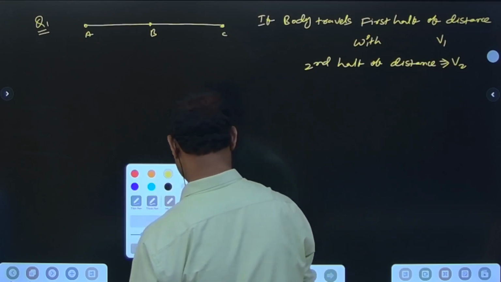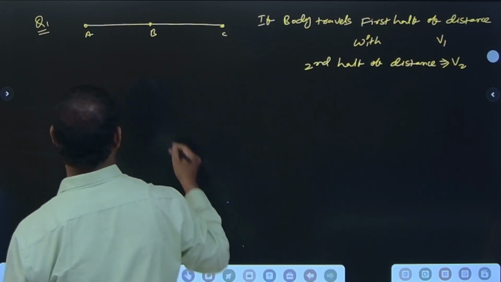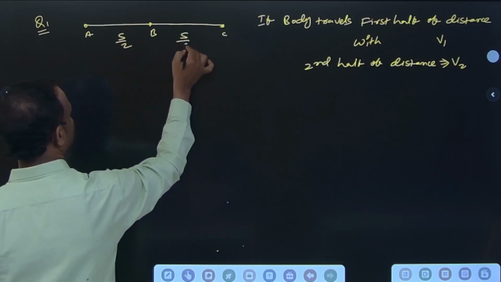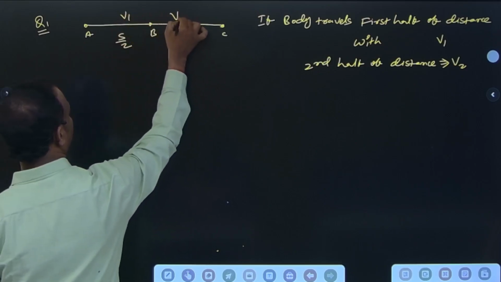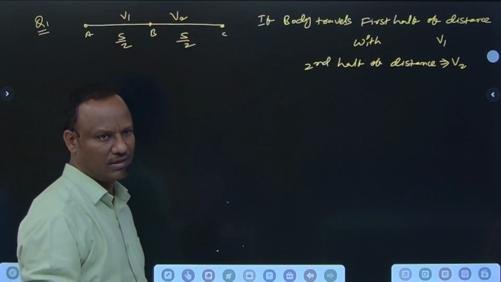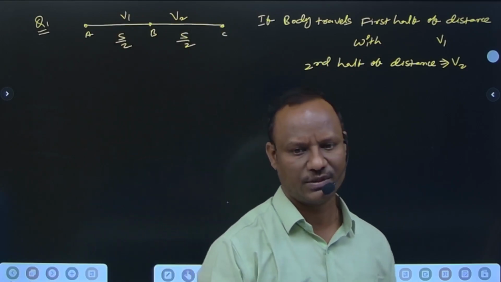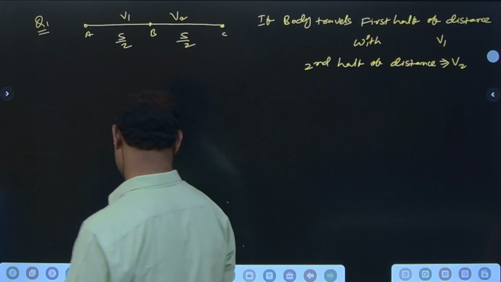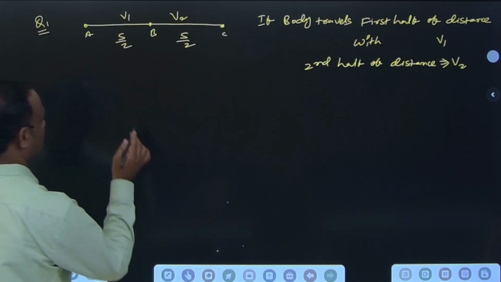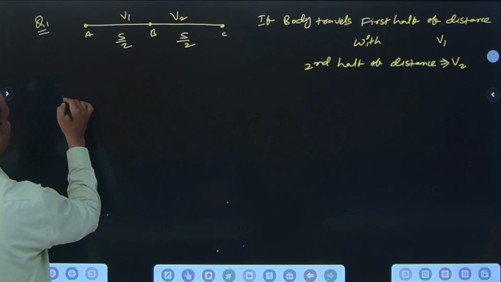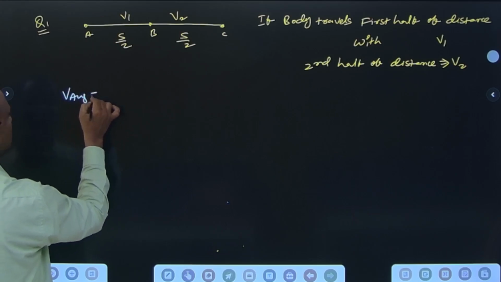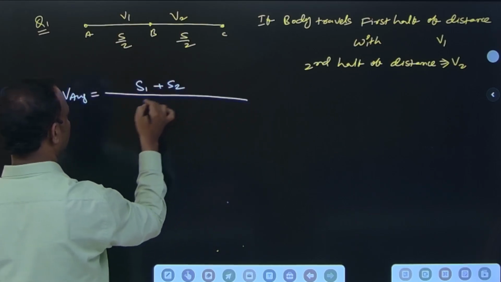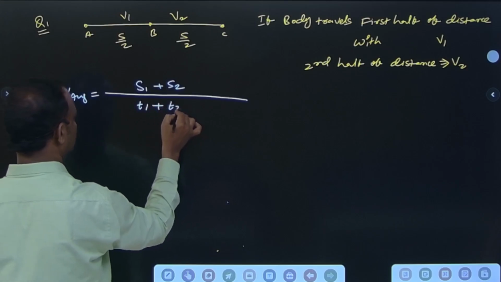Okay, so total distance is S by 2, S by 2, with v1 and v2. The well-known formula is 2v1v2 by v1 plus v2. So how do you get this one? First I write V_avg is equal to total distance traveled, S1 plus S2, by T1 plus T2.